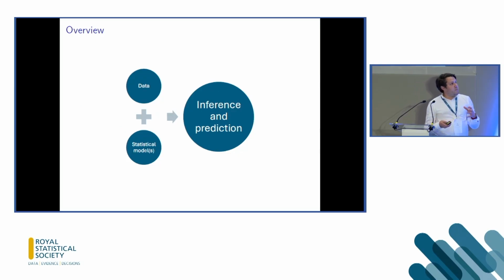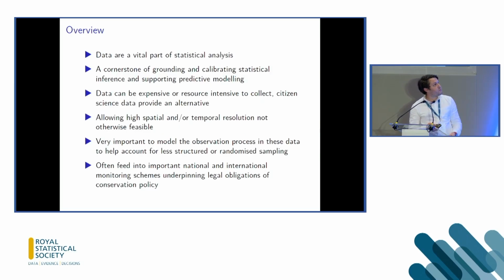So this is why it's, as the last speaker said, such a rich playground for statisticians. It's thinking about how we combine these two things together with data that are often suboptimal in some ways compared to more robust sampling designs.